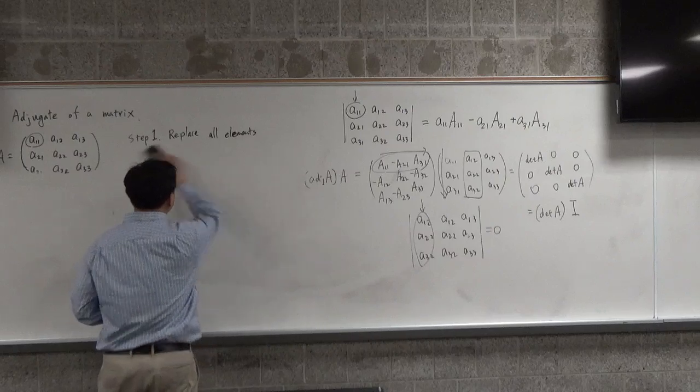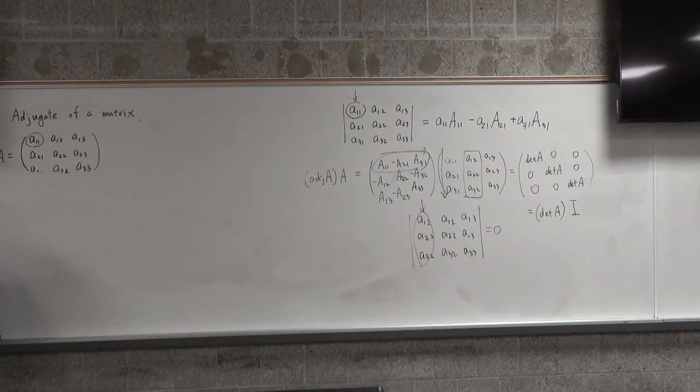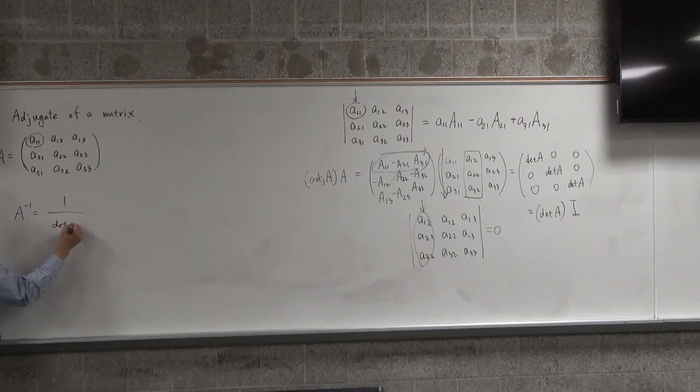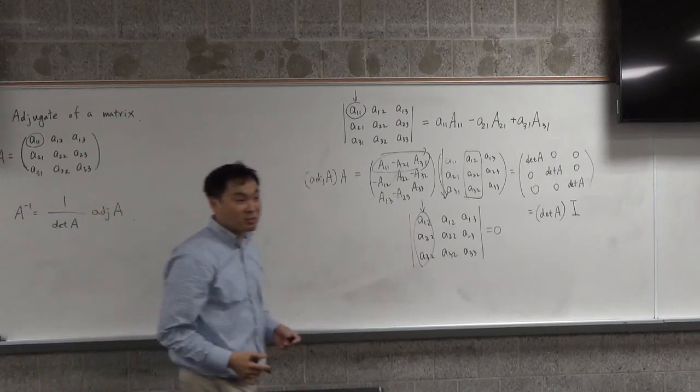So you end up with the formula for the inverse. That's the point about the adjugate. So if you have a matrix like this, then the formula for the A inverse is 1 over the determinant of A times the adjugate of that matrix. That's what it is.